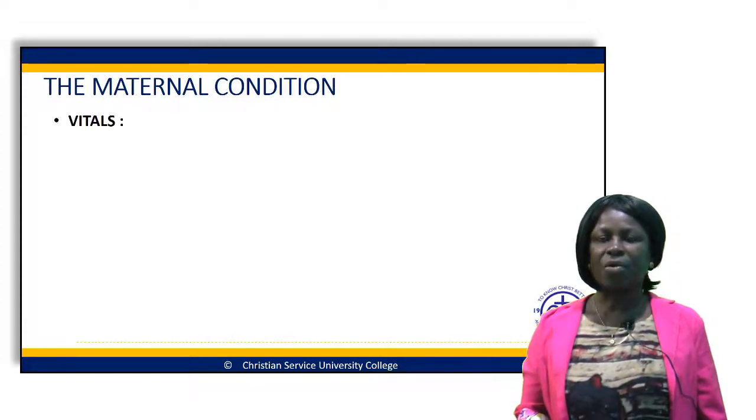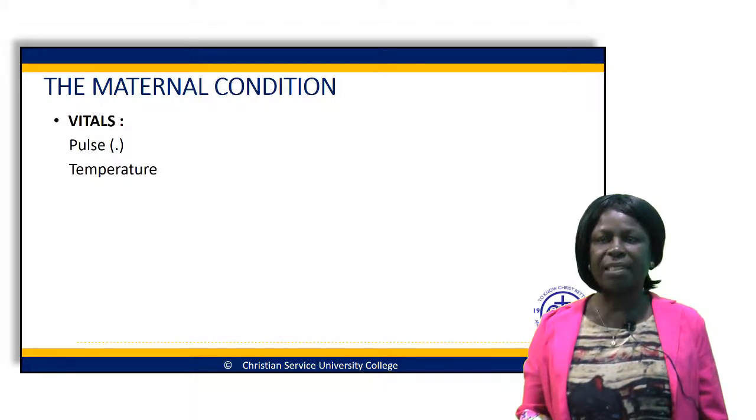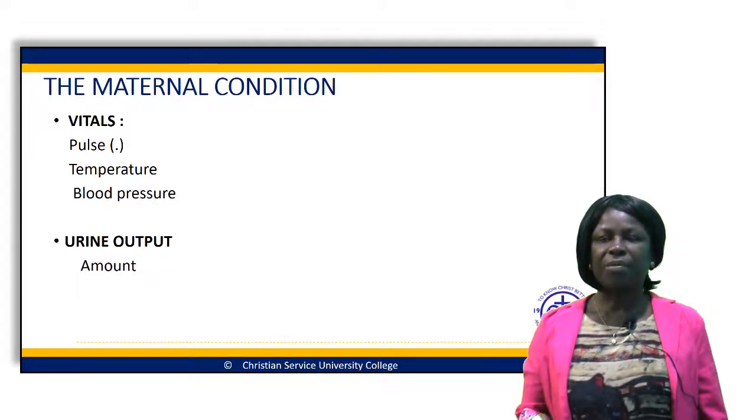The maternal condition involves vital signs. That is the pulse, we use a dot. Then temperature, we write the temperature checked in a box. Blood pressure is also indicated in the box. Then urine output, the amount of urine the patient passed should be recorded.